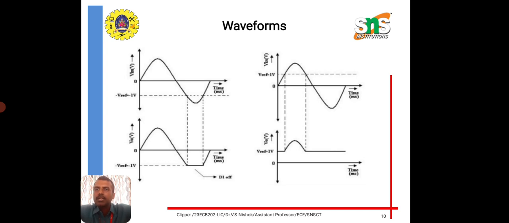In the same manner, if you take a positive V reference value of plus 1 volt, if Vi is greater than 1 volt, the output is obtained, and when Vi goes less than V reference, the output will be 0 since D1 is in off condition. So this is the case for both types of clipper circuit.